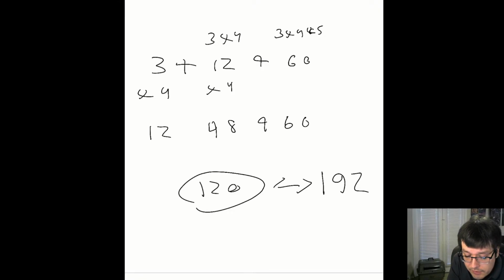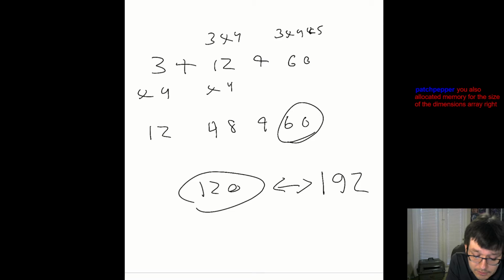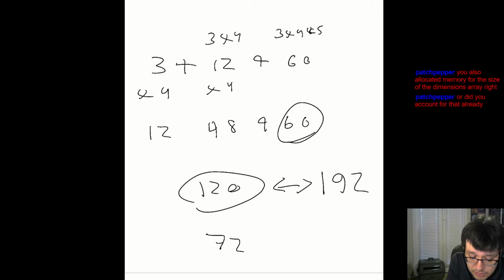So the discrepancy between the 120 and the 192 is because these 60 are not being kept as individuals in all cases, maybe. I mean, it's close. There's 72 unknown somewhere.